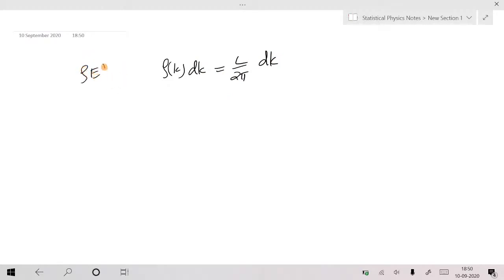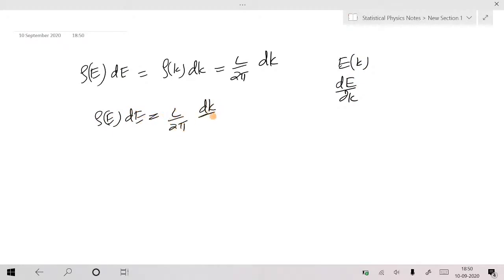It should not be symbol sensitive. Can I write like this? Now E versus k is given, so you can write dE by dk. Now rho of E dE is equal to L by 2 pi into dk by dE into dE. Now you can find this one. You can substitute, isn't it?